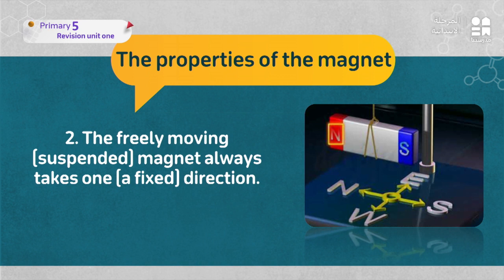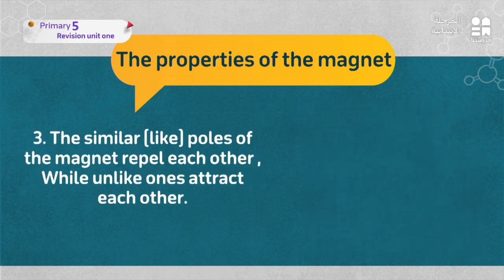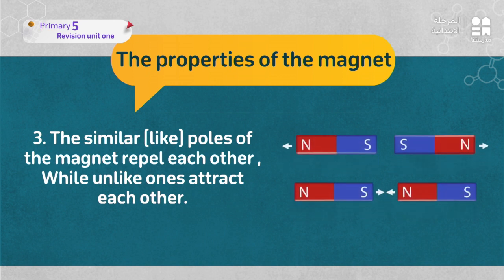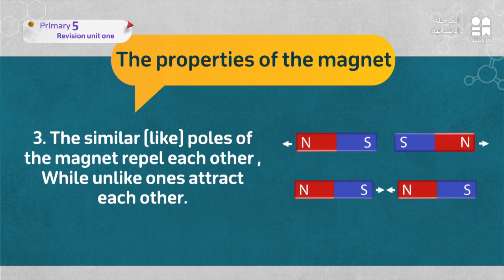The third property is the similar poles. If both are the same, north and north or south and south, they will repel each other. But if they are different, the unlike poles attract each other. So the like poles repel and the unlike poles attract each other.